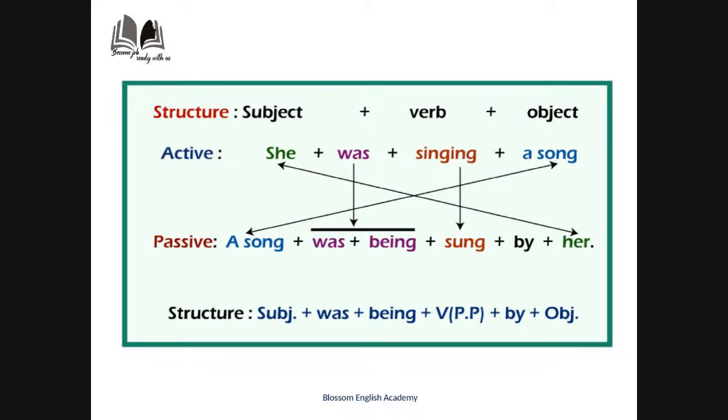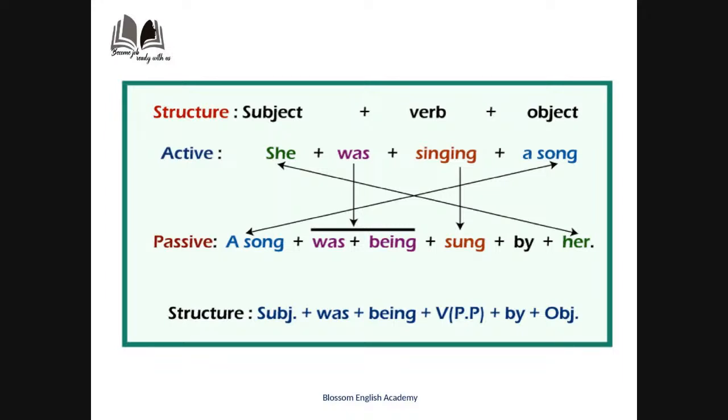Now, listen carefully. We are going to convert that active voice into a passive voice. Firstly, we are identifying the object. What is the object over here? A song. On the song, an action is performed, which is singing, right? So a song will become the subject in your passive voice, and "she was singing" would become "was being sung."